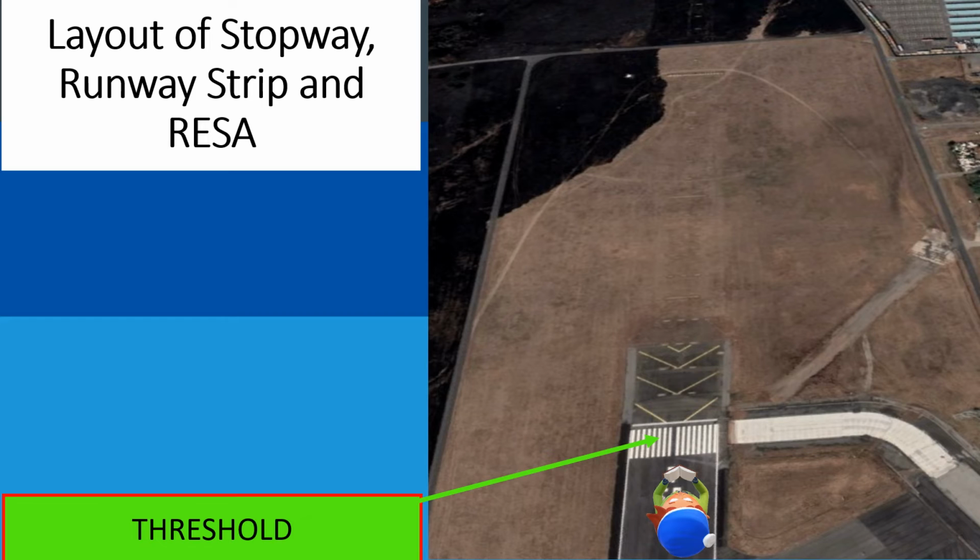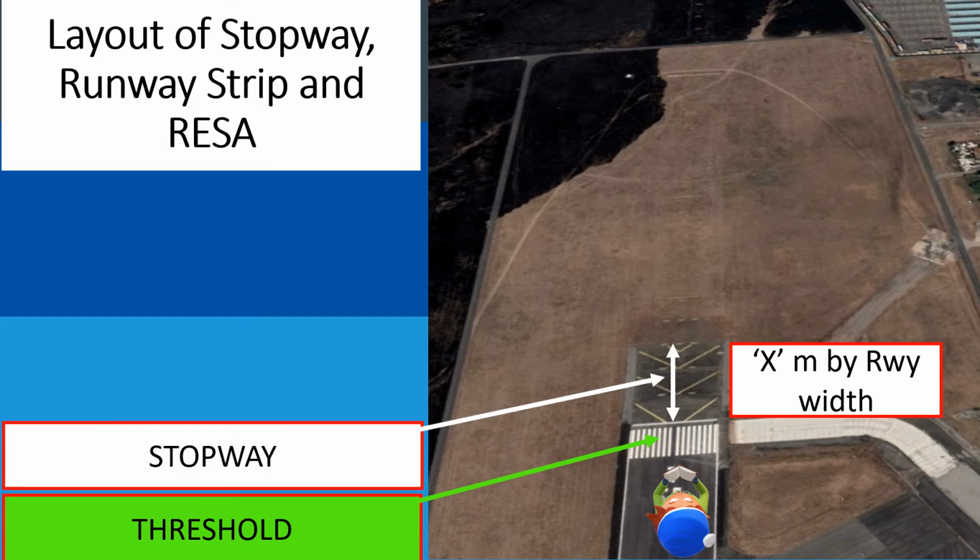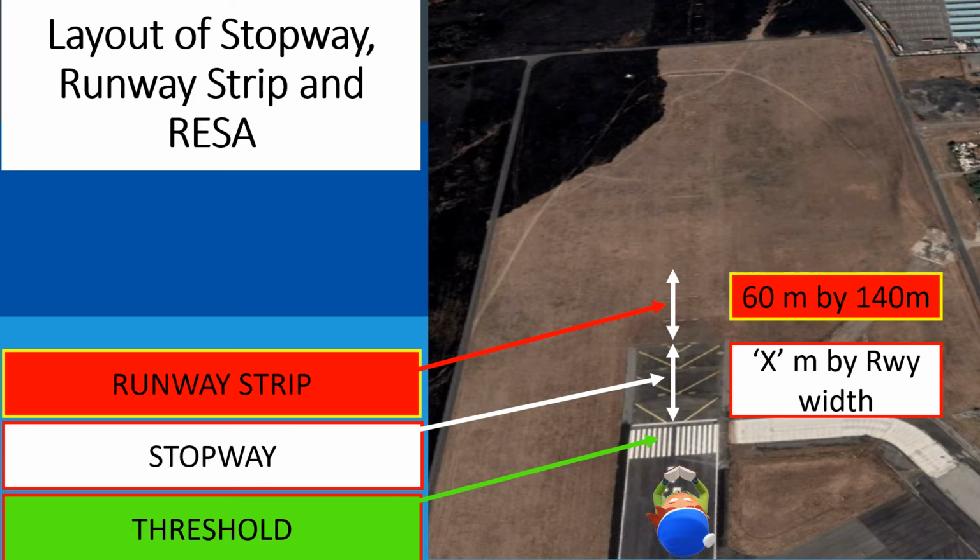Currently, I am standing at the threshold and I am looking for my stopway. This paved area is my stopway. We will look at stopways later and understand them better. Now, beyond the stopway, I have my strip.